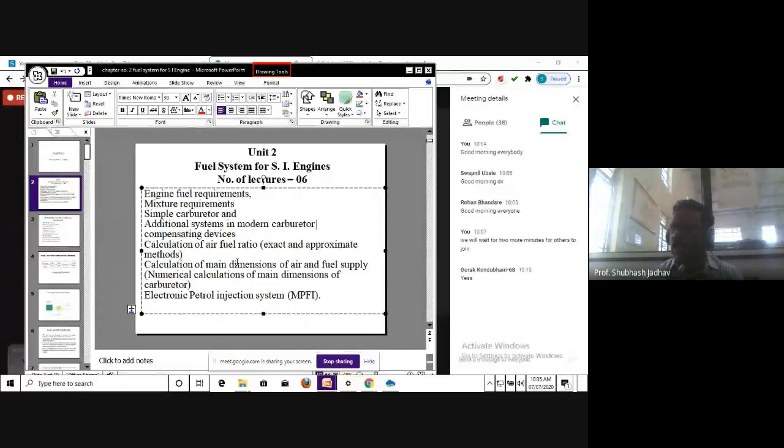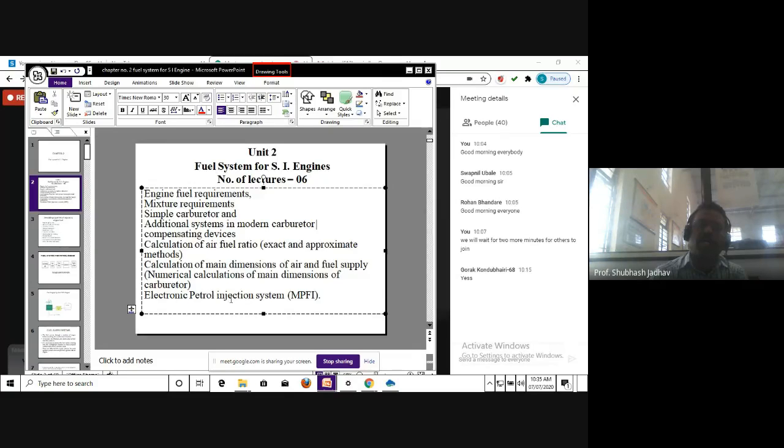Or otherwise, if the air fuel ratio required is this much and the conditions are this much, then what should be the dimension of the jet which injects the fuel into the carburetor? Like this, we will calculate some main dimensions with respect to the carburetor.